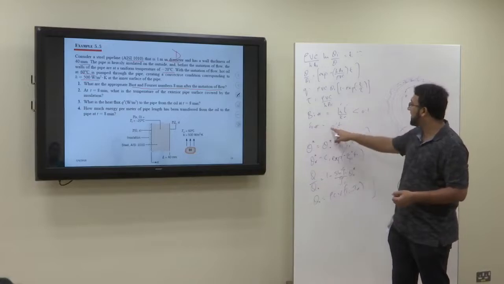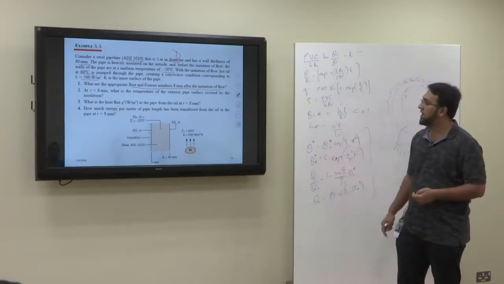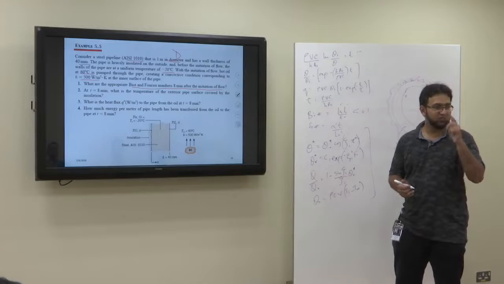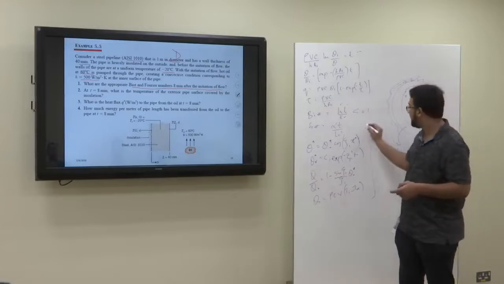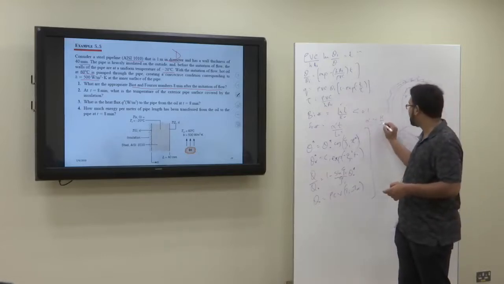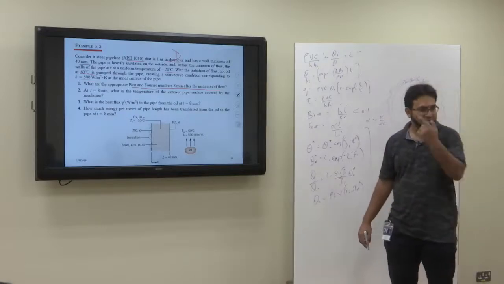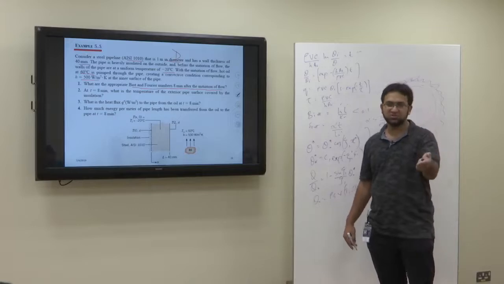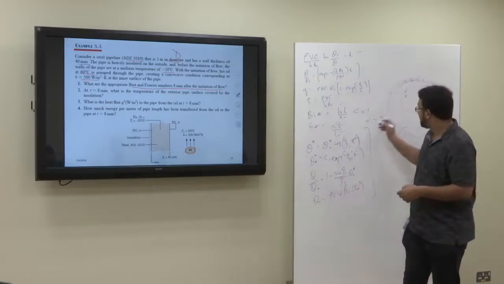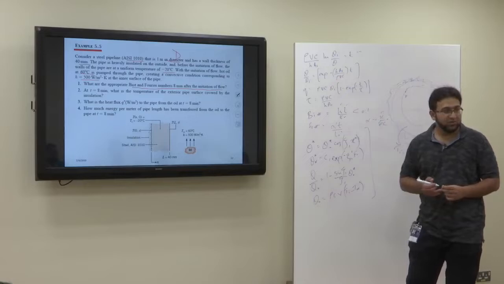For the Fourier number, you need alpha. Alpha you can get because alpha is k upon rho Cp. So alpha equals k upon rho Cp, and all three things, k, rho, and Cp, you can get from the table based upon the temperature you are considering. So all three things you get from the appendix.